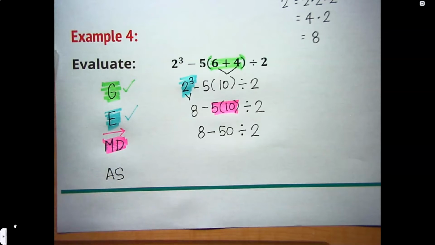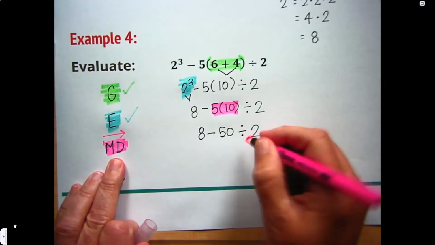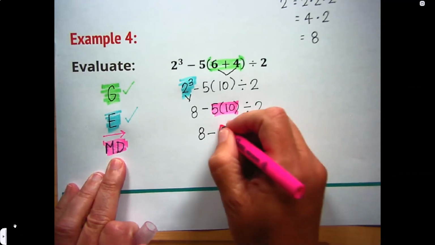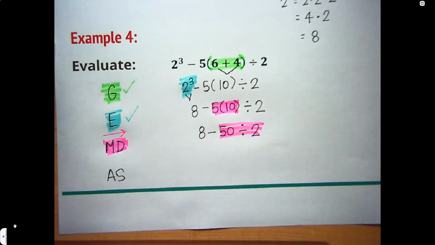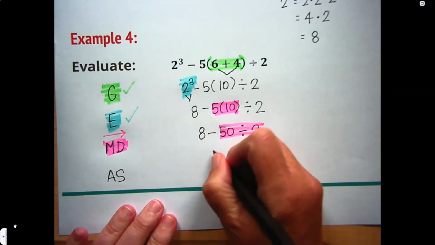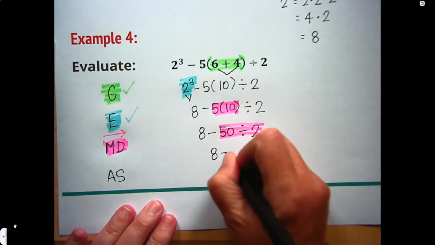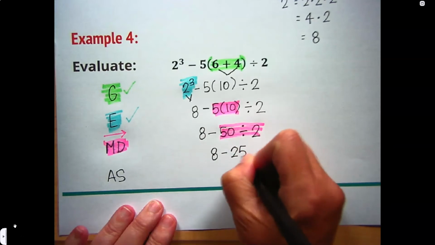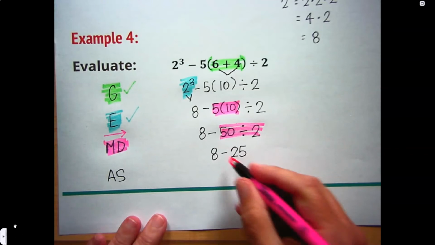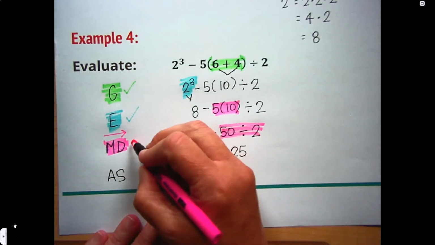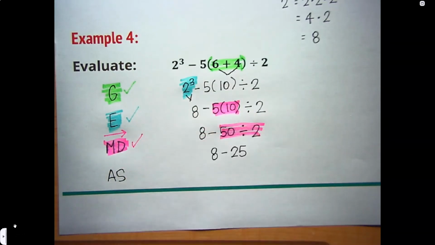All right, now, still not finished with multiplication and division, so I'm still on this level right now because I've got this division right here that needs to happen. So I'm going to do 50 divided by 2. So that's going to be 8 minus 25. Now I can see no multiplying or dividing in that problem anymore, so I'm going to check that off.